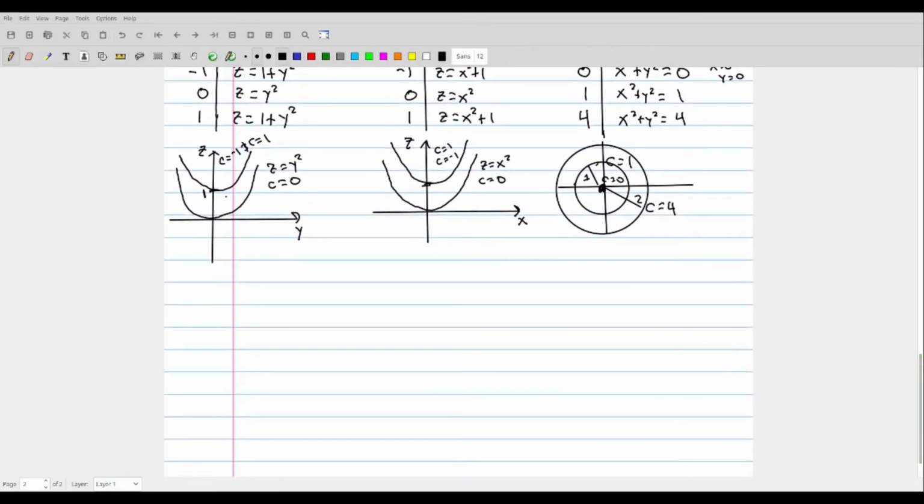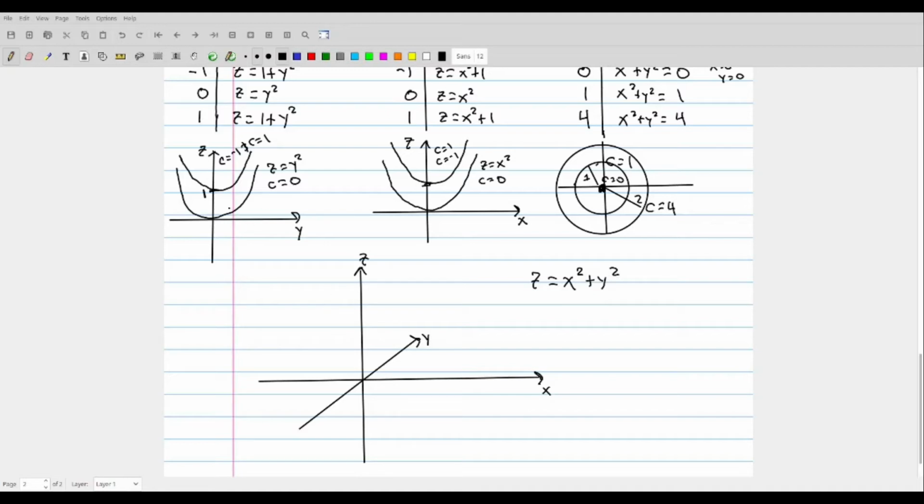So we can use these in order to visualize what this surface is in 3D. You use these three traces to do this visualization. Specifically, if we have our three axes right here, our x-axis, our y-axis, and our z-axis, we want to visualize the surface given by z is equal to the function x squared plus y squared.